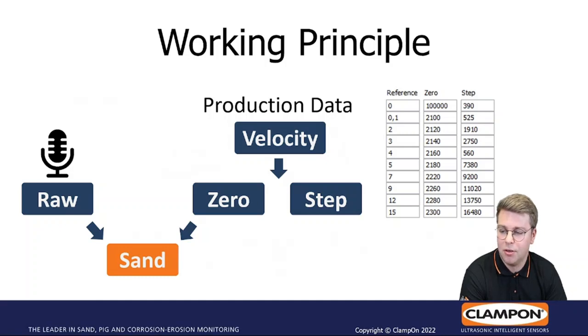However, it detects the ultrasound. And together with the production data, the velocity of the flow, we can vary the zero and the step level according to preset tables or to calibrated equipment. As you see on the right picture here, we have a reference level, and that gives you the zero and step value.